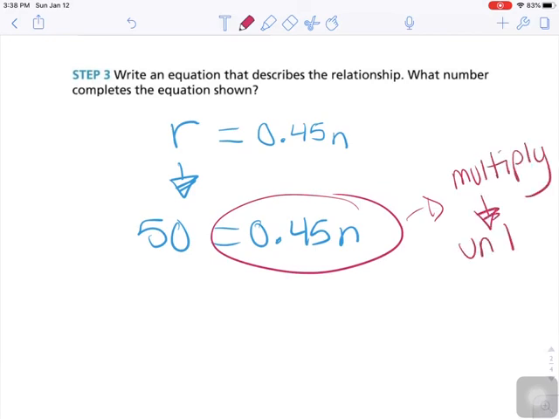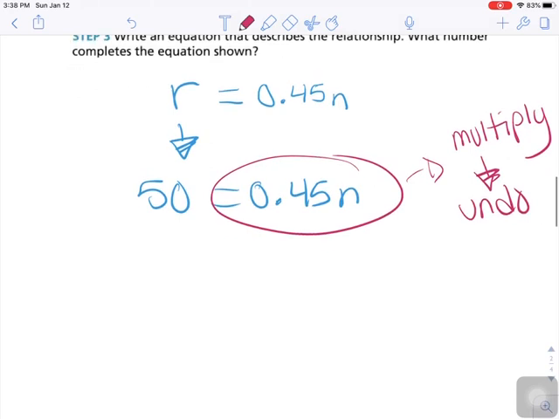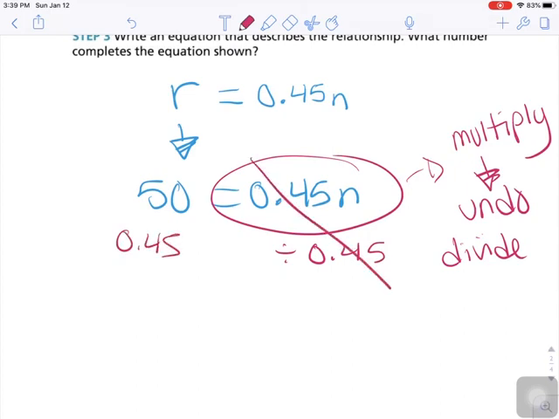And to undo the operation, to isolate n to solve for n, we are going to divide. So we're going to divide by 0.45 on each side of the equation. Remember, these 0.45s cancel each other out. So what we're left with is 50 divided by 0.45 equals the amount of pom-poms that we are going to have to sell.